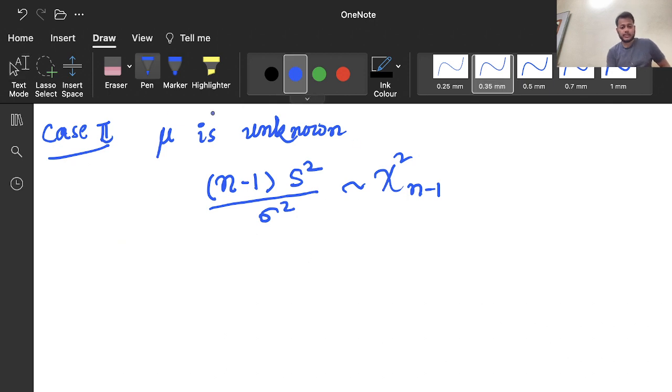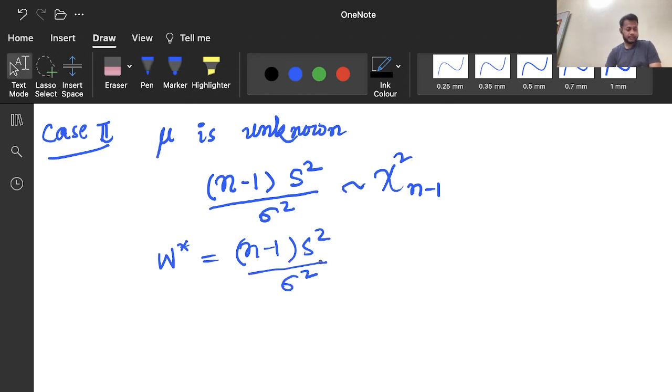Now when mu is unknown, our test statistic omega star is n minus 1 S square by sigma square.